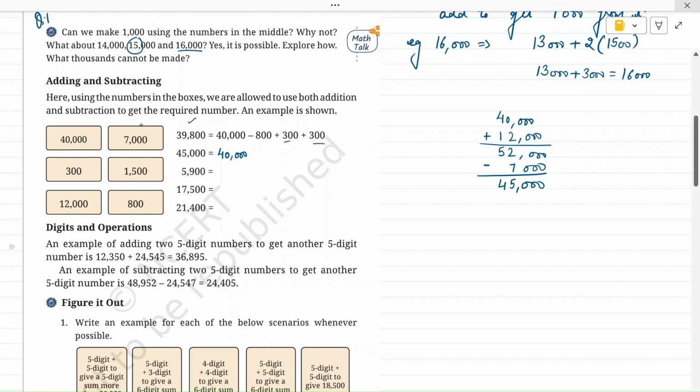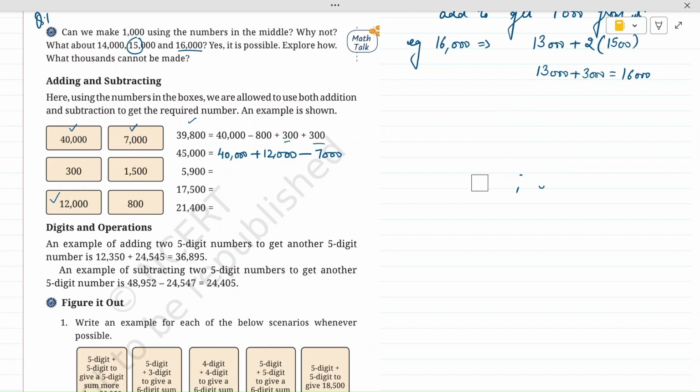So what we have used? We have added 40,000 to 12,000 and we have got 52,000. Now from this 52,000 we are subtracting 7,000 and we have got this number. So I'm writing here, this is 12,000 and minus 7,000.